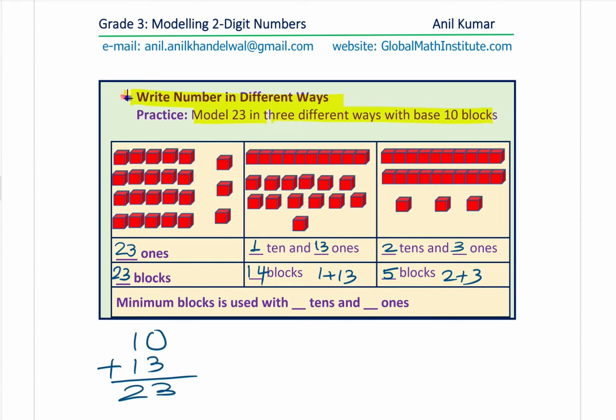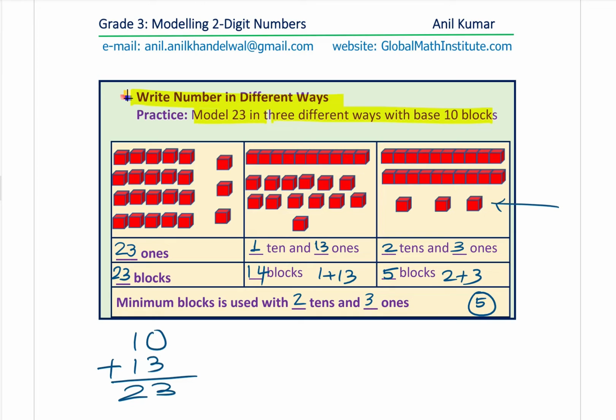Perfect. The minimum number of blocks is used in this particular case, which has two tens and three ones. So 5 blocks, right? The minimum number of blocks is 5 in this case. Correct.